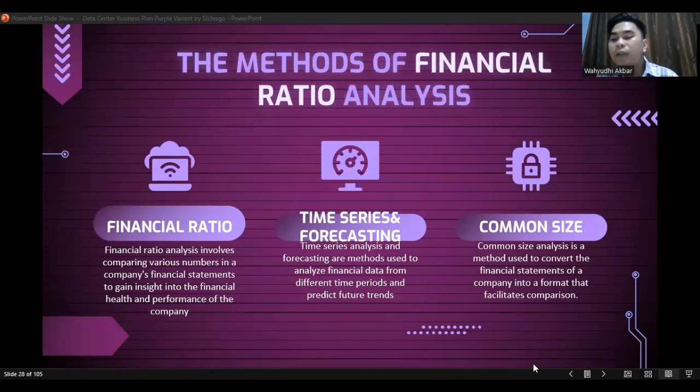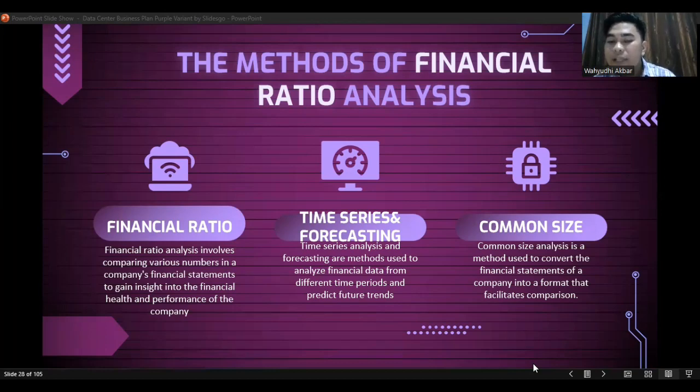Here's a brief explanation of each method. The first one, we have financial ratio analysis. Financial ratio analysis involves comparing various numbers in a company's financial statements to gain insight into the financial health and performance of the company.